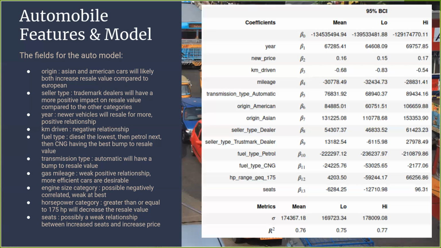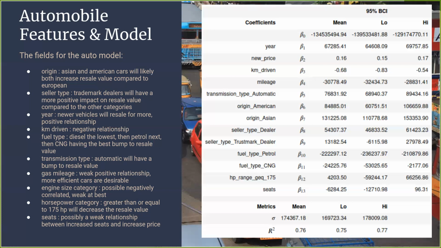And this is just like an overly powerful car for typical Indian traffic. A lot of it is like bumper to bumper and not any like crazy highways like we have in the US. And finally, we thought that the seats field might bump price. A larger vehicle like a van or something might have a better resale value than a smaller sedan.